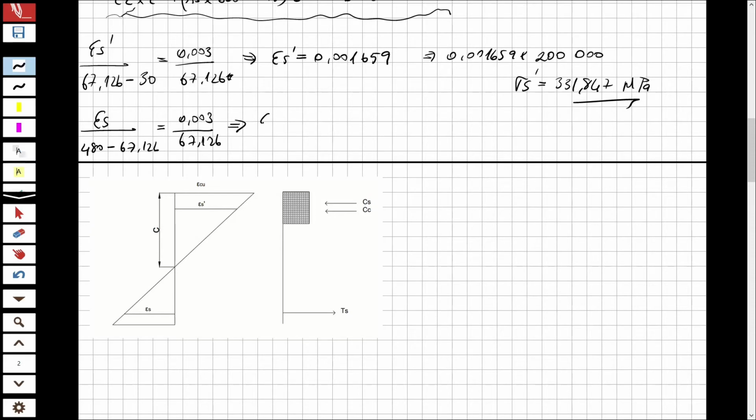And now from here I'm going to obtain the new strain value of the bottom steel, which will be equal to 0.01845, and this is greater than the normal yield point of steel, epsilon sy, equal to 0.001825. So also this is tension controlled.